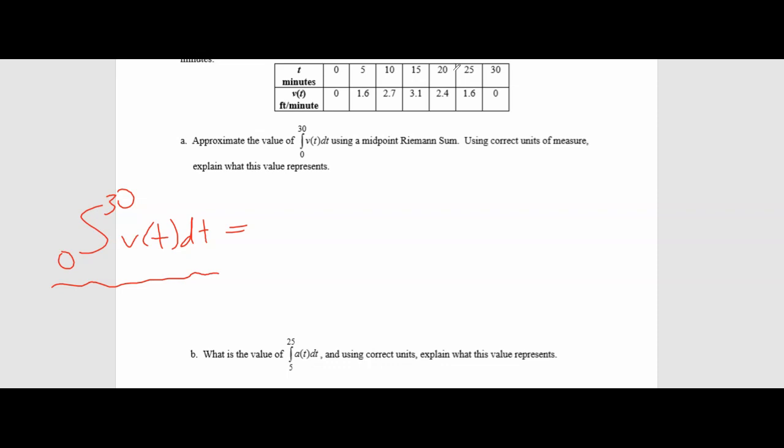So our units deal with the antiderivative of v of t, not v of t itself. The antiderivative being the position, or p of t, so our units would just be the units for p of t, which in this case would just be feet. So units would be units of p of t, or the position function.